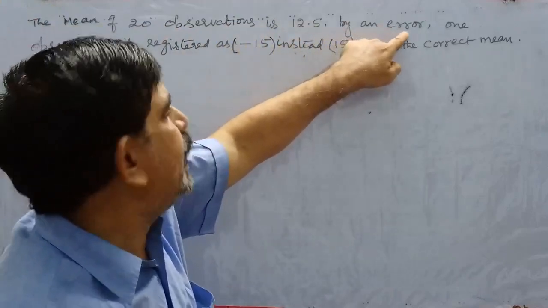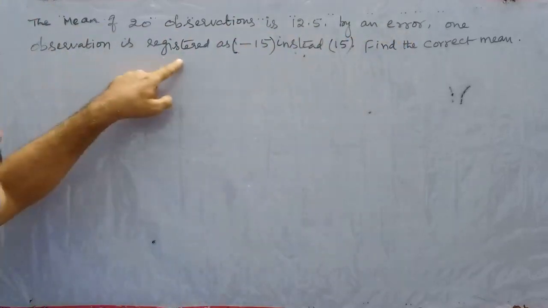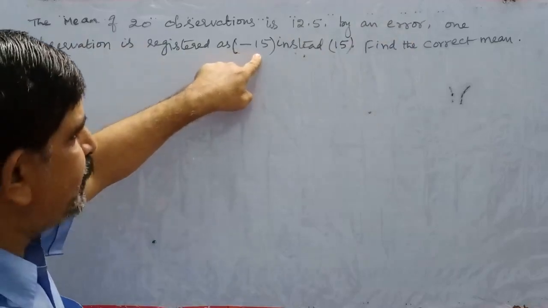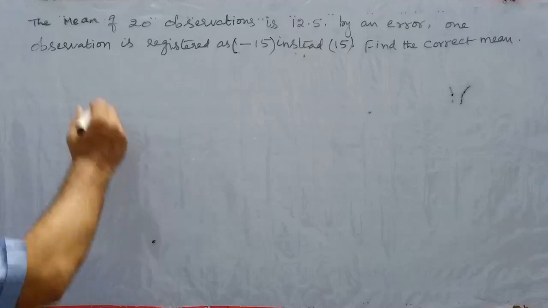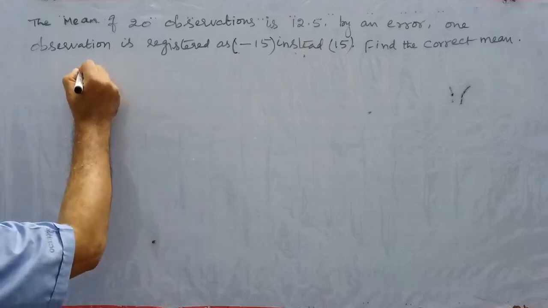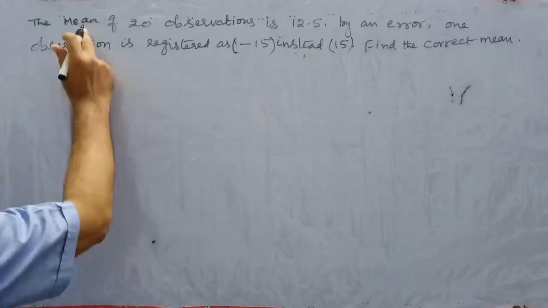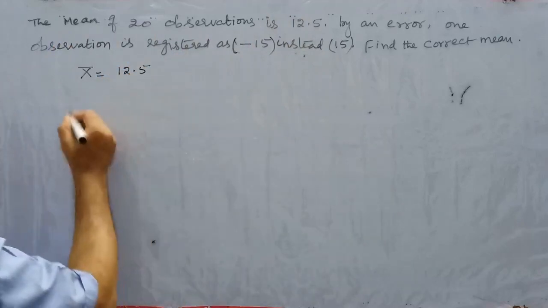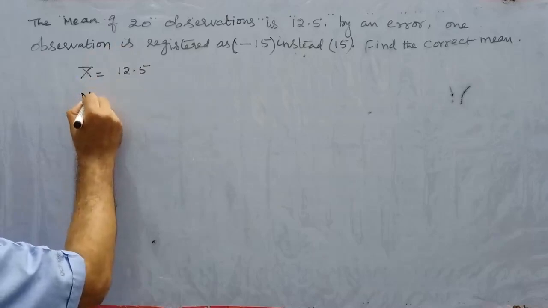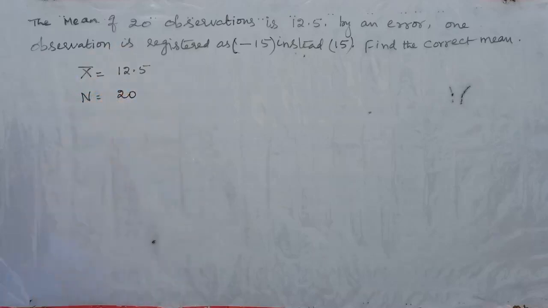By an error, one observation is registered as minus 15 instead of 15. Find the correct mean. Now, x bar is equal to 12.5. Number of observations n is equal to 20.